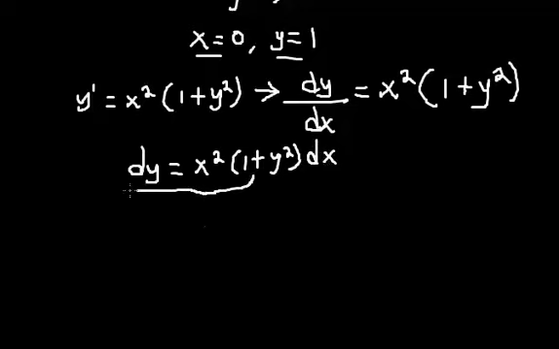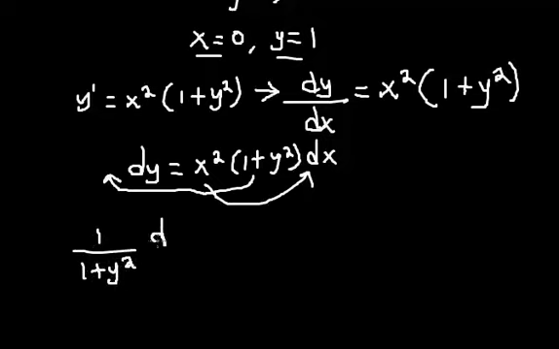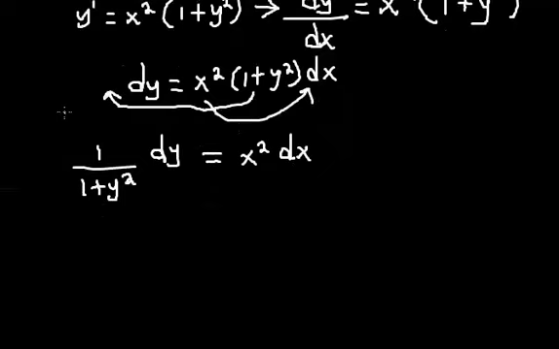The functions of y go to dy, the functions of x go to dx. So I'm going to have 1 over 1 plus y squared dy being equal to x squared dx. So of course, the next step, I have to integrate both sides.